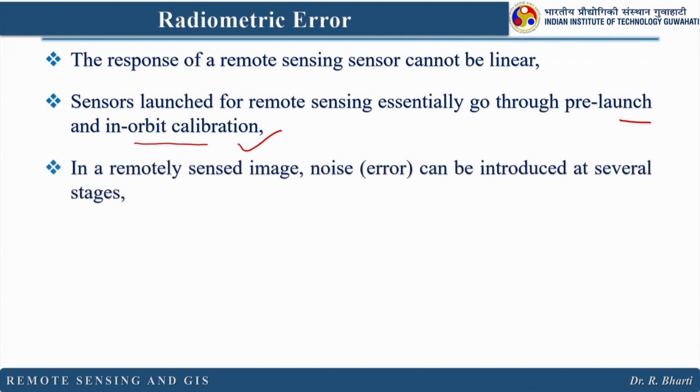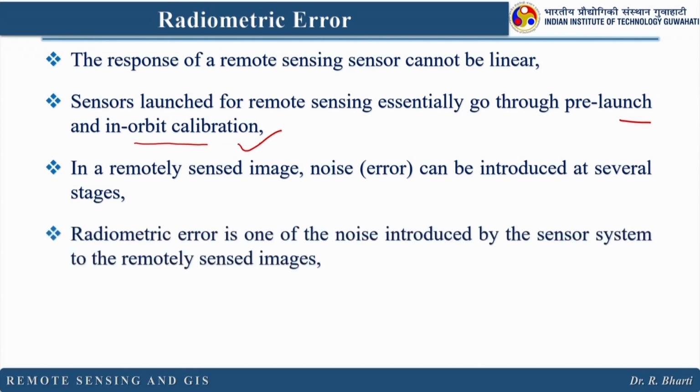In a remotely sensed image, noise can be introduced at several stages, like you have seen already in other cases. In this case, it can be because of the misbehaving of the sensor. So maybe one detector may stop recording for a few seconds, right? So that is temporary, but one detector may fail permanently also.